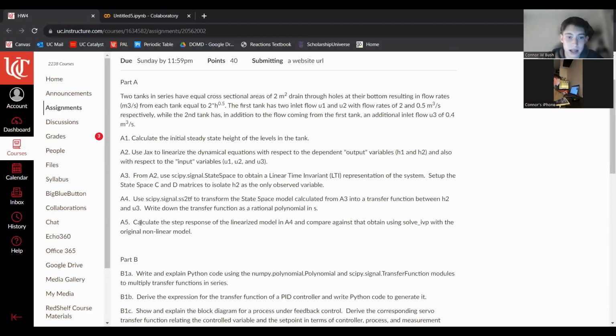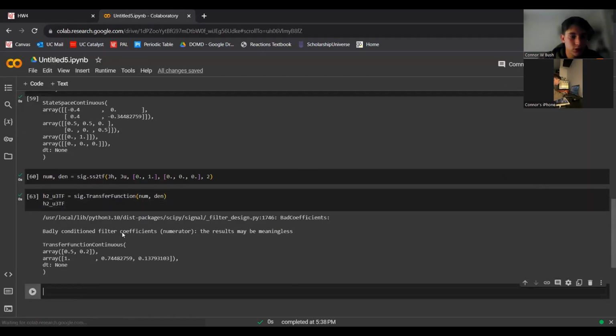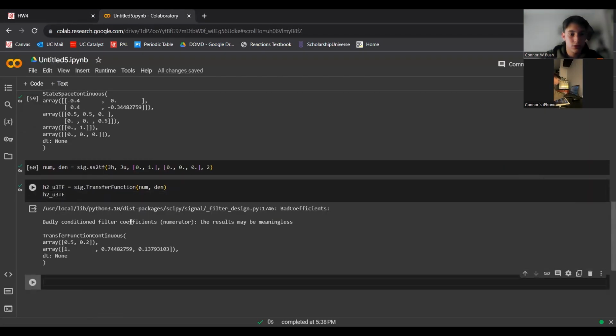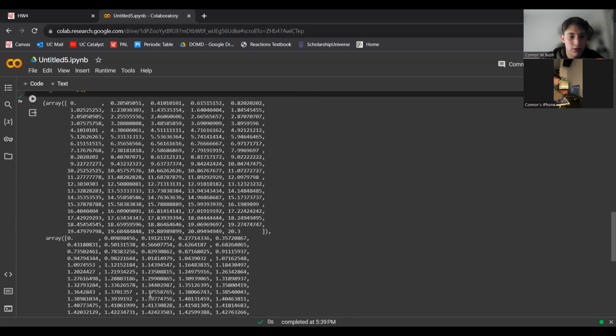And then this last part, we want to calculate a step response of this linearized model, and then also go back and look at the nonlinear model using solve IVP. So to do the step response, we just do our transfer function dot step, and then we see we're given two arrays.